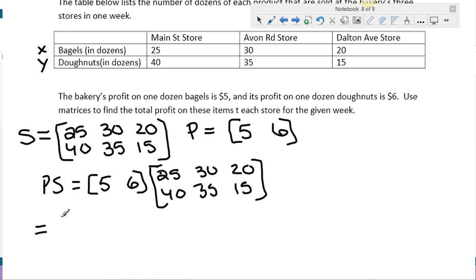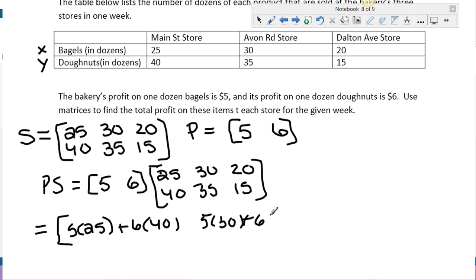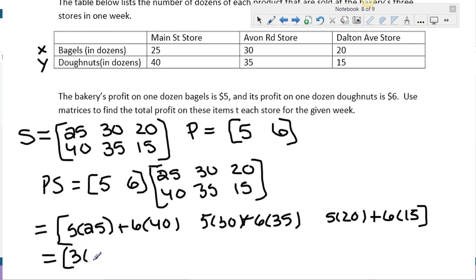So when I multiply these out, we get 5 times 25 plus 6 times 40, 5 times 30 plus 6 times 35, 5 times 20 plus 6 times 15. What that equals is 365, 360, and 190.